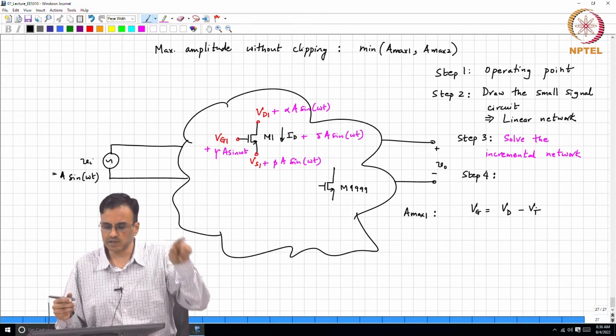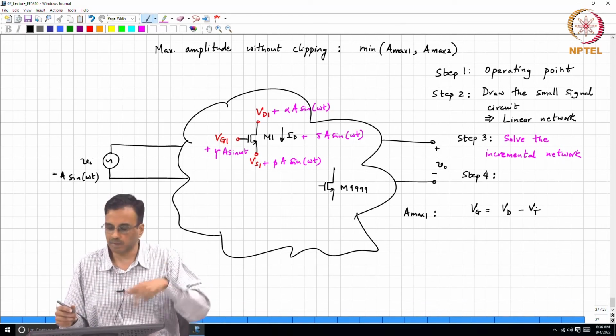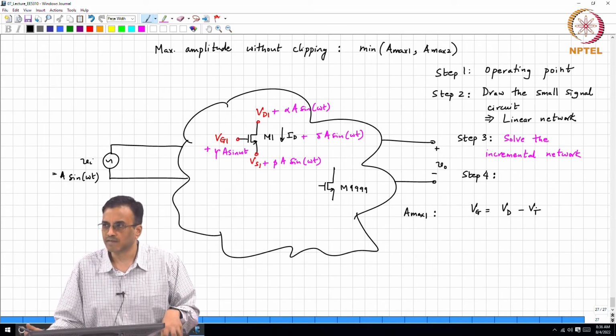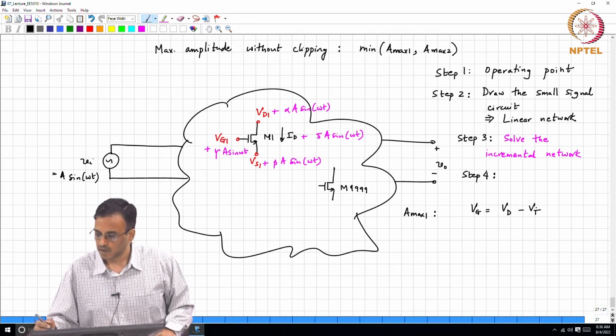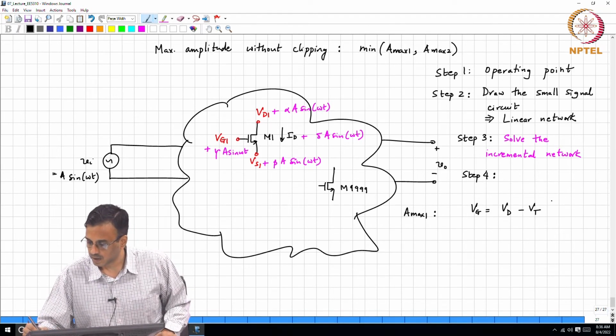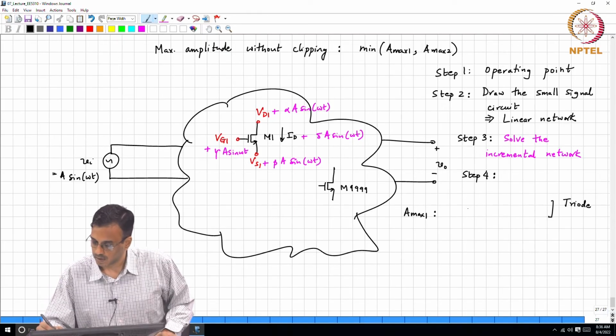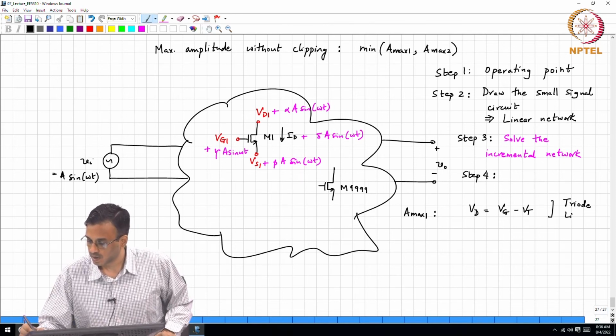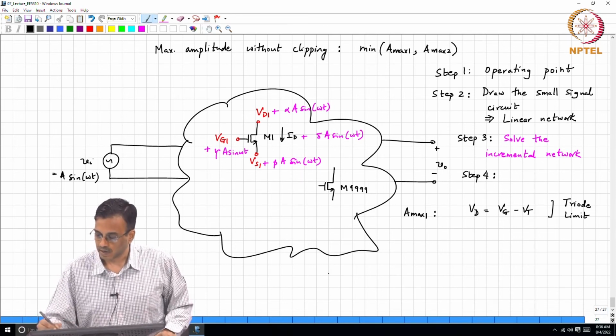The drain potential is doing something like this, the gate potential doing something else. We have to find the point at which the potential difference is the smallest, and that difference must be equal to Vt. Is that clear? And similarly, Vd equals Vg minus Vt. So, this is the triode limit, then the cutoff limit is what?